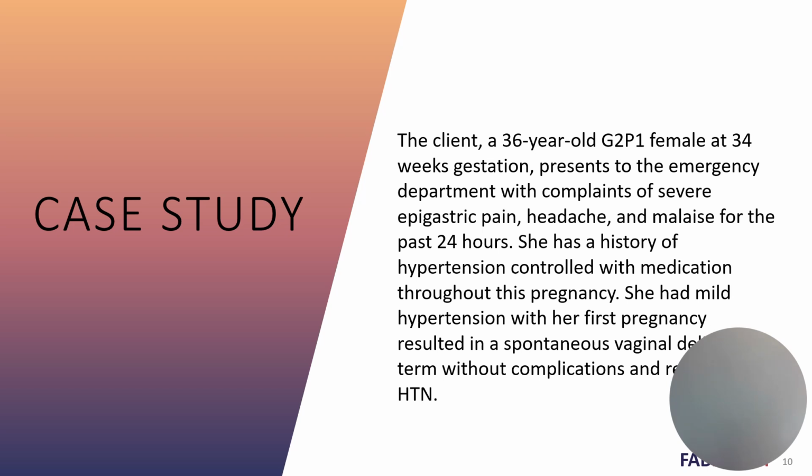She had mild hypertension with her first pregnancy that resulted in a spontaneous vaginal delivery at term without complications and resolving hypertension. So at this point, with just this information, what is most concerning at this time?